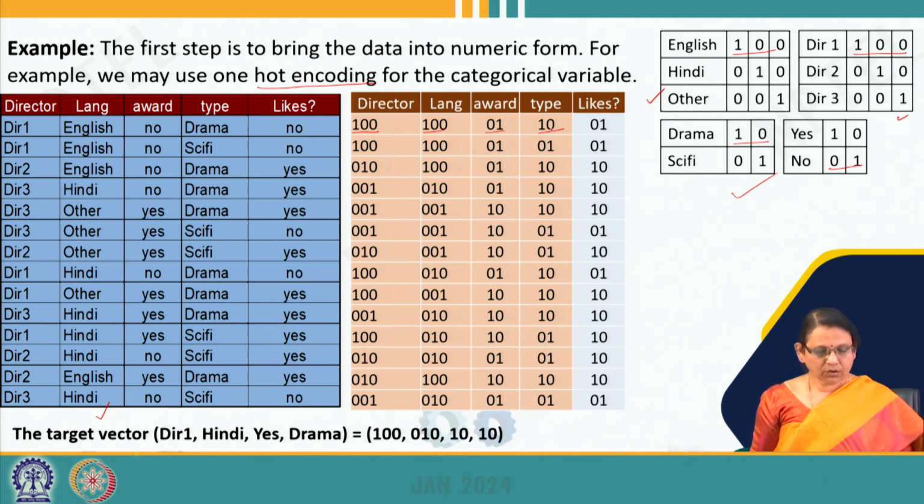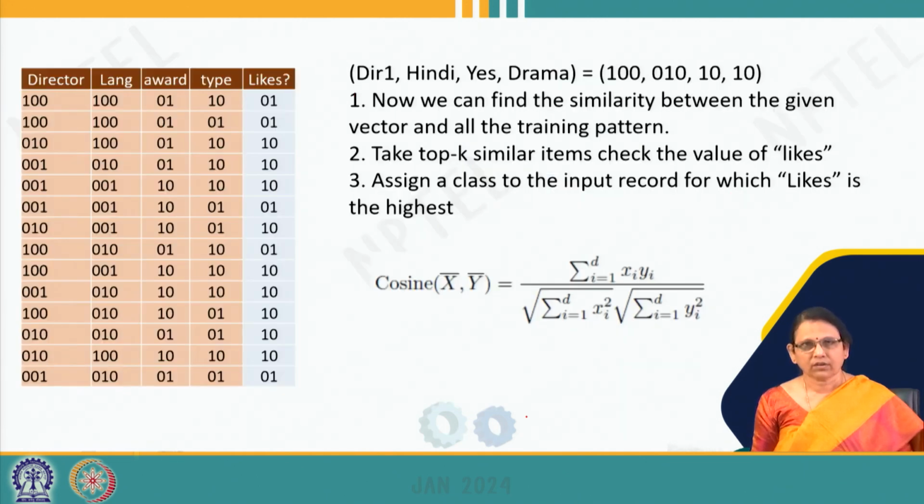Okay. So, now after we do this, we also encode the target vector. Now, if you would like to compare the target vector with each of the records, how do we do it?